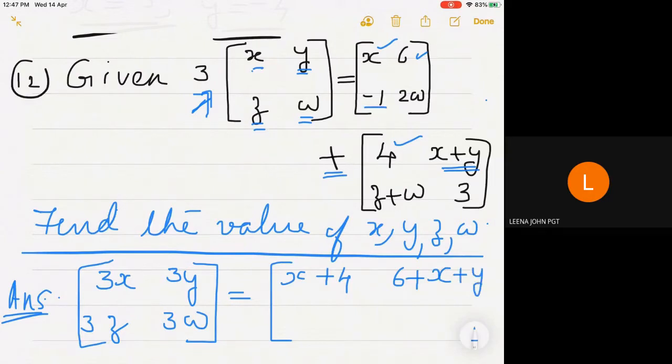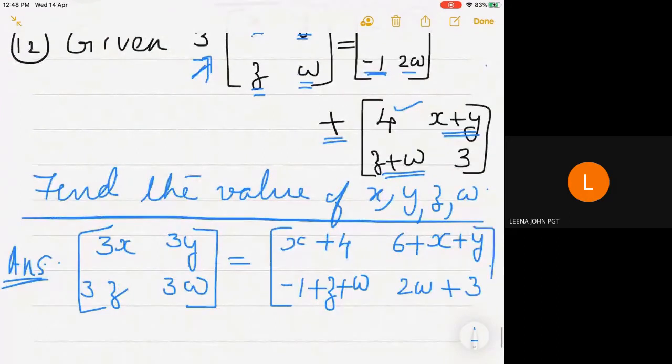Then corresponding to minus 1 in the first matrix, we have in the second matrix z plus w. So adding that, you will get minus 1 plus z plus w. And next, 2w plus 3.